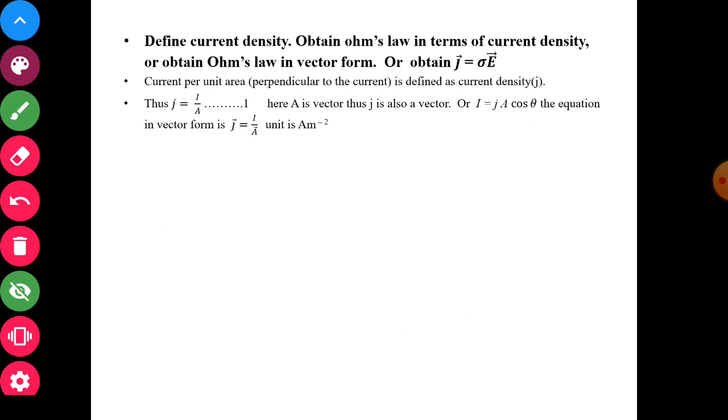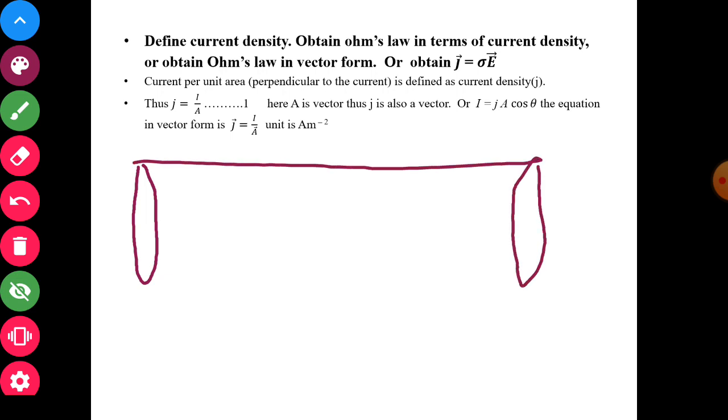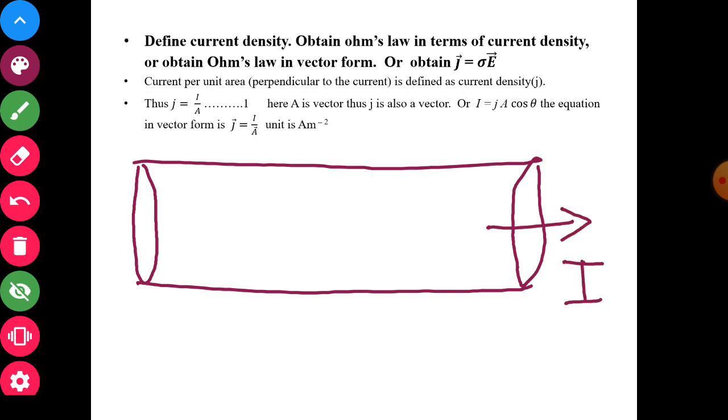Now try to understand it in a different way. Say for example, this is the conductor in which the current I is flowing. This is the direction of flow of electric current.